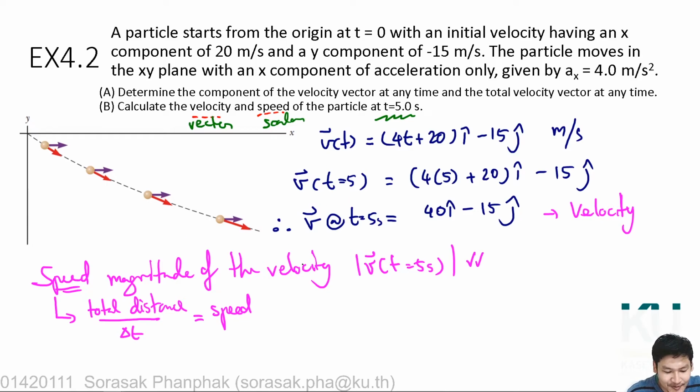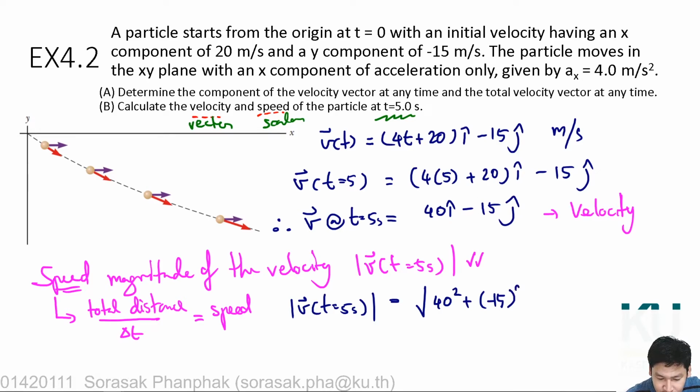To find the magnitude of v at t equal to 5 seconds, you square these components and sum them up under the square root. So you get 40 squared plus minus 15 squared, right? And no, it should be outside, and then take the square root.